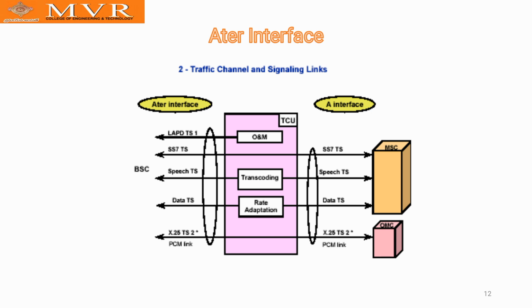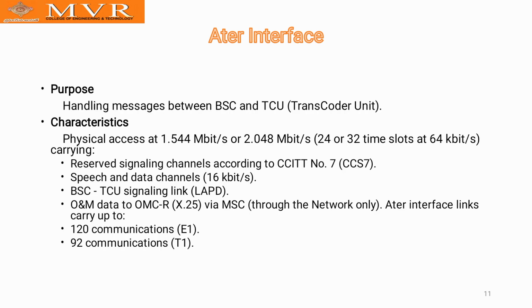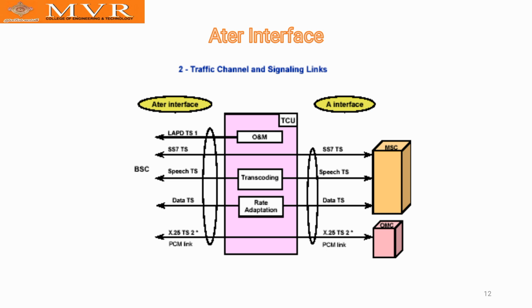Those all are coming from the MSC and OMC. So here the MSC and TCU have the interface. The MSC has the information in SS7, speech, data and PCM links. The PCM links will be provided to the OMC.